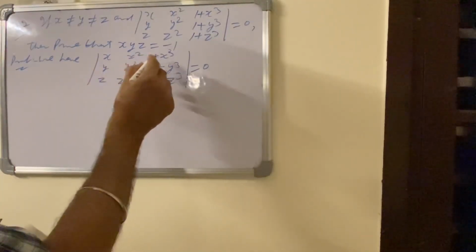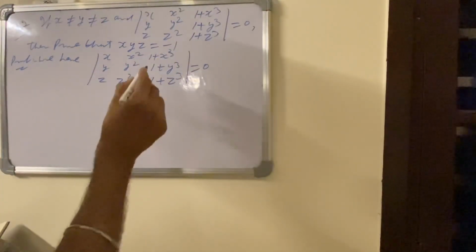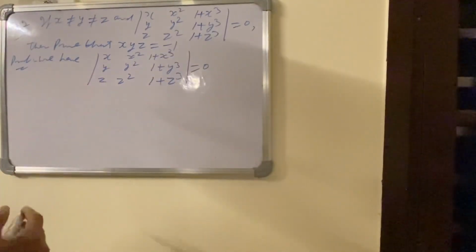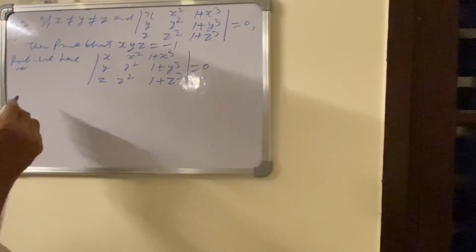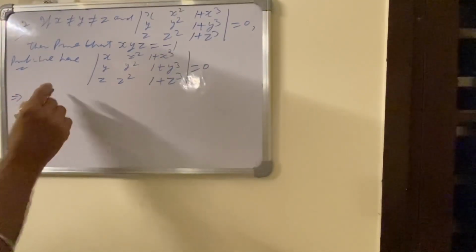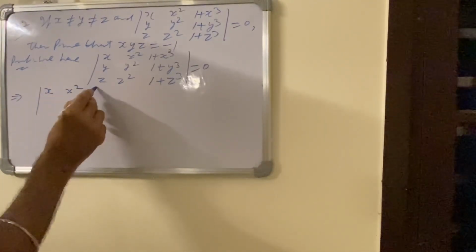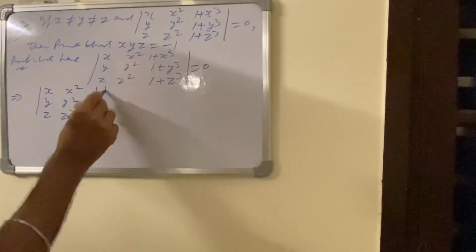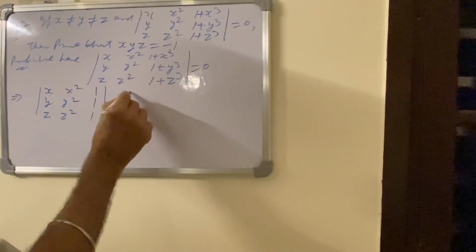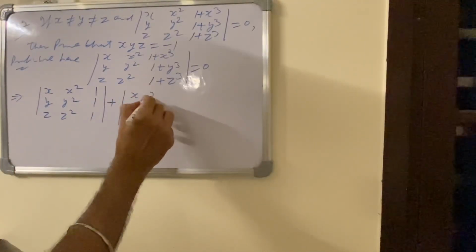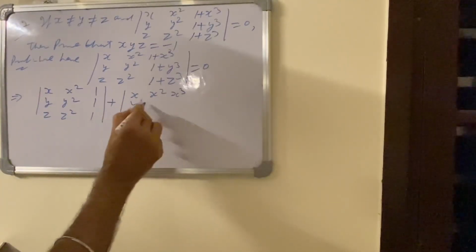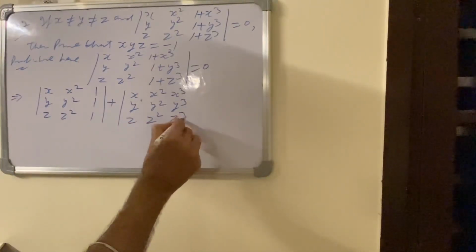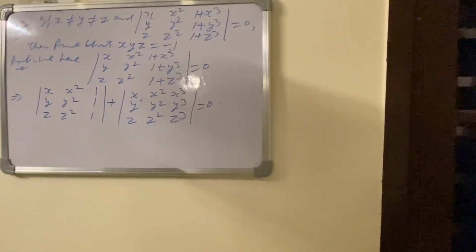Now because the C3 column consists of terms which are a sum of two terms, we shall separate it as a sum of two determinants. So this implies the first is x, x square, 1, y, y square, 1, z, z square, 1 plus the second determinant x, x square, x cube, y, y square, y cube, z, z square, z cube is equal to 0.